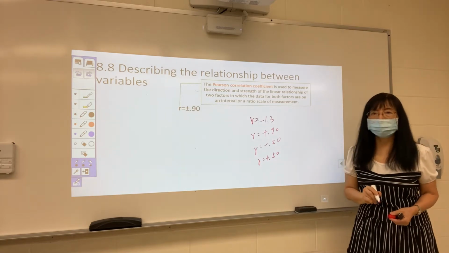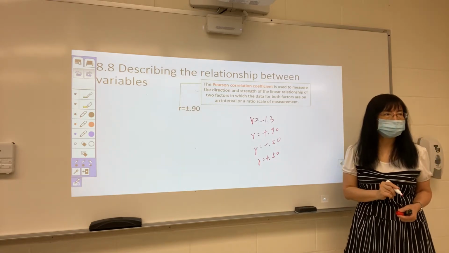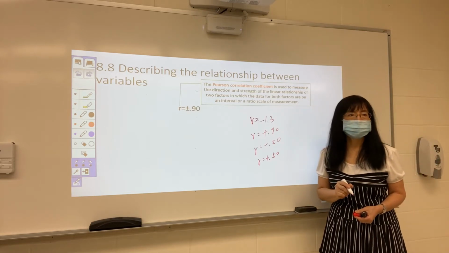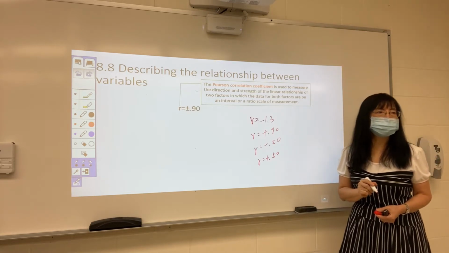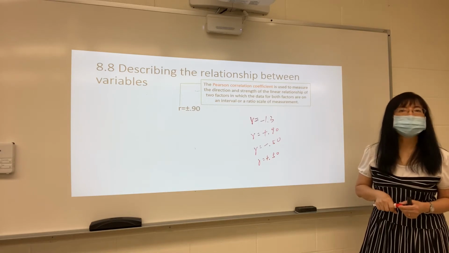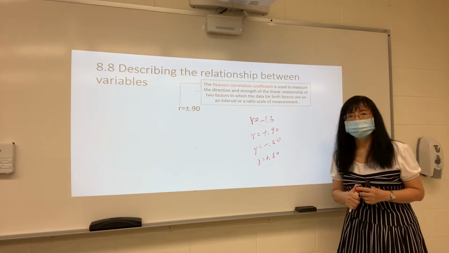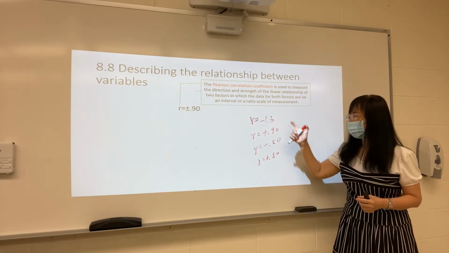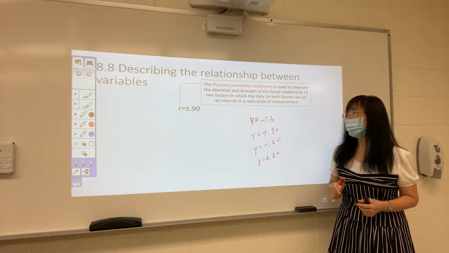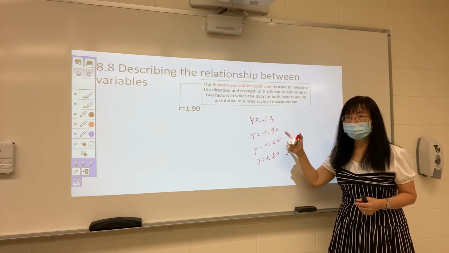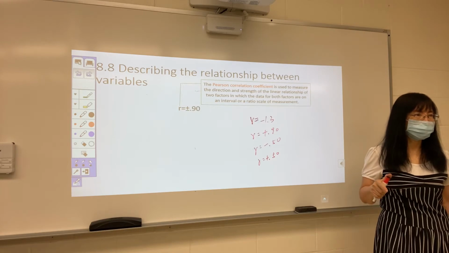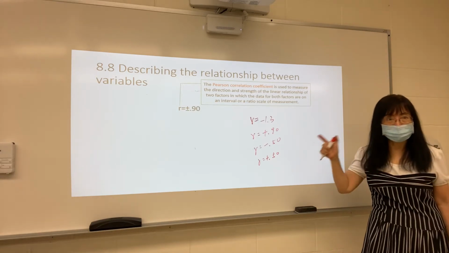Which one is the highest correlation? If I had numbers like this, which one is the highest? Is 1.3 right or wrong? It looks like it's the highest.